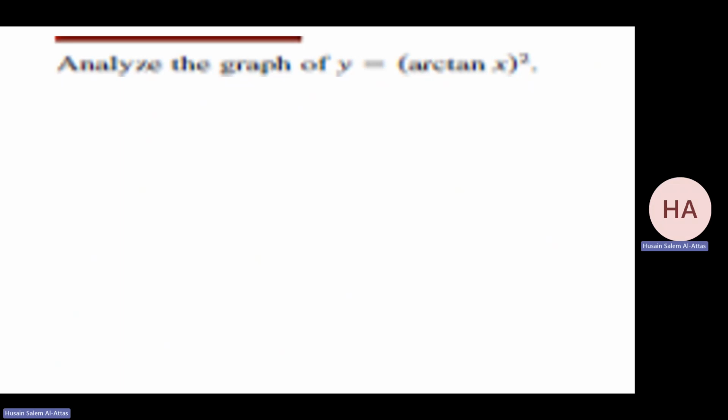Now we'll go to a different function. We have arctan x all squared. Let us see what will happen with such a function. Domain, intercepts.